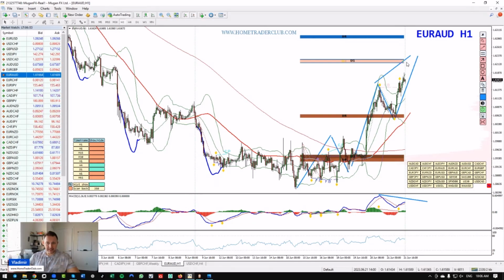And that means in this area, it's a very probable scenario that the buyers will start to lose their grip and sellers will start to reject and push the prices lower. So this is what I see on the Euro-Aussie in the short term from these key levels mentioned.